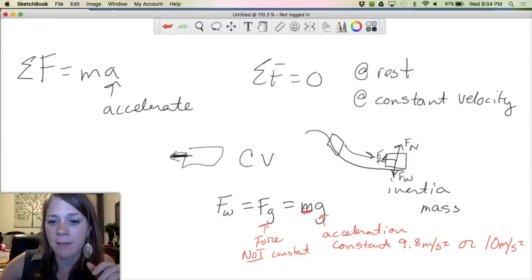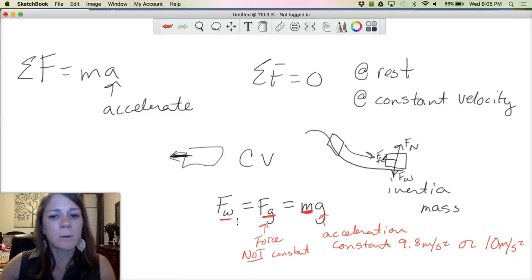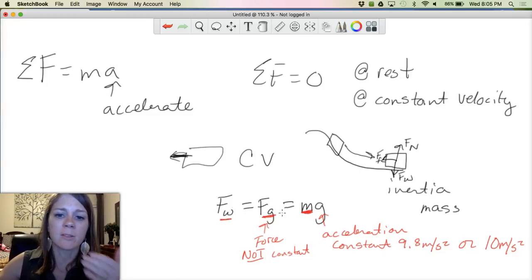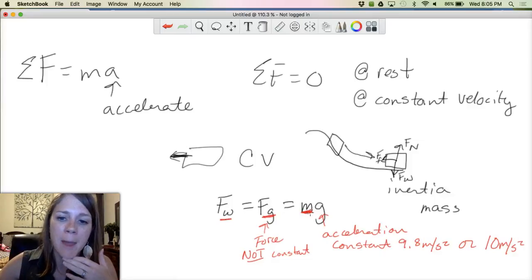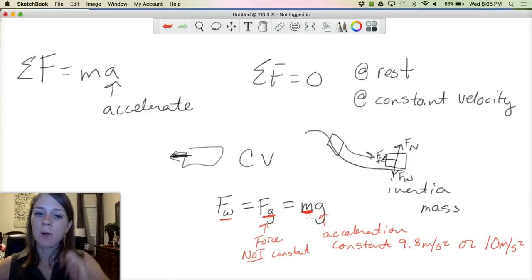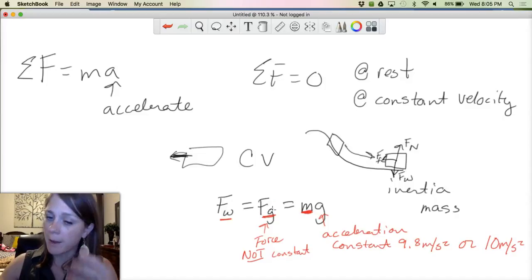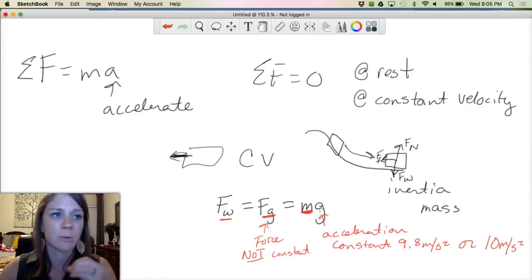If two objects have different masses, then they have different gravitational forces, and of course they have different weights. So I just want to make sure we all remember that there is a difference between mass and weight. Weight is simply the mass times 10, which is the acceleration due to gravity. So whenever you're talking about gravity, make sure you specify force of gravity or acceleration due to gravity. Those are two very different things.